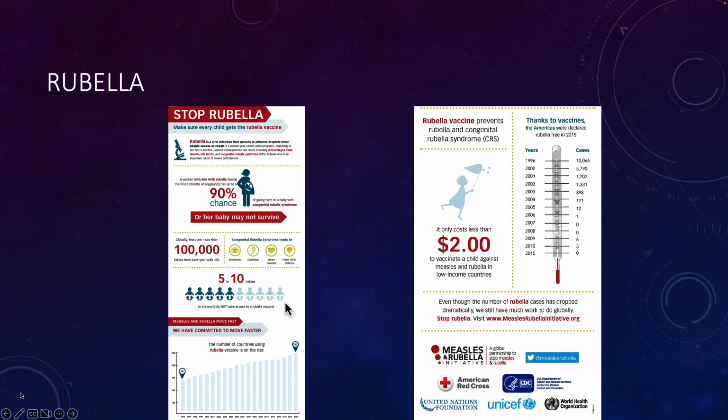It's estimated that basically half of the children in the world don't have access to this vaccine. It's actually very cheap, $2 to vaccinate a child against measles and rubella in low-income countries. Thanks to vaccines, the Americas were declared rubella-free in 2015. But again, worldwide, we still see rubella.